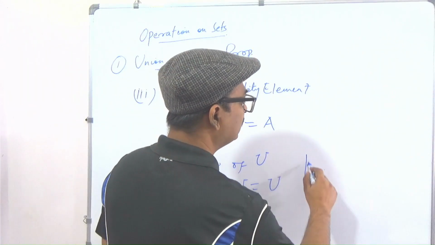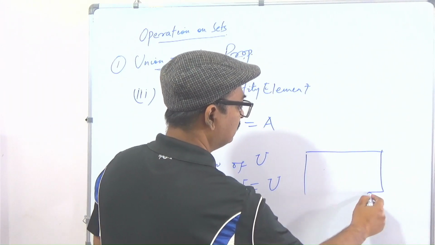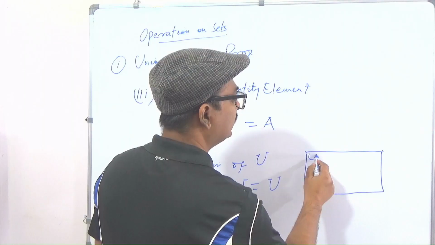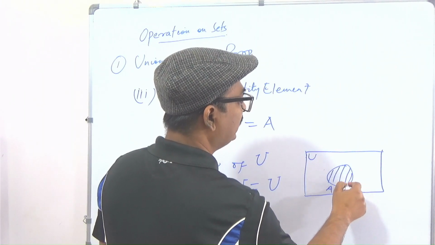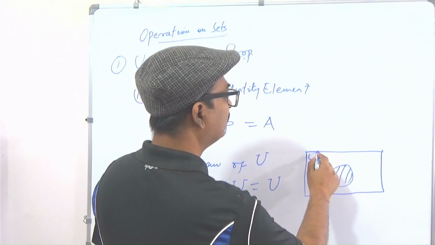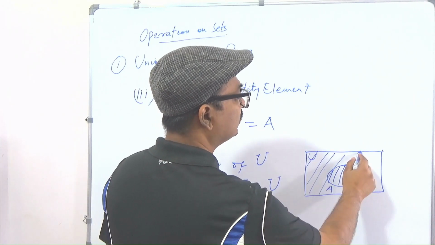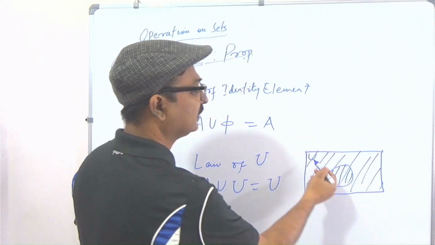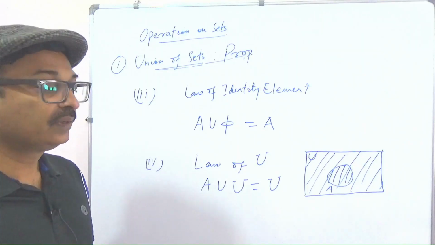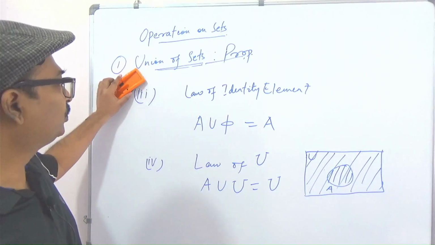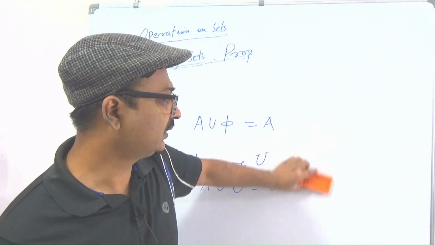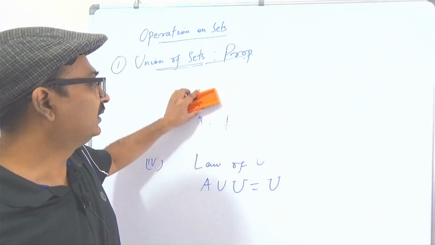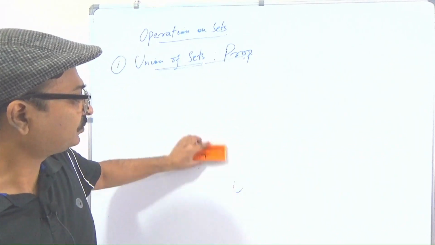Because let's say this is U and this is A. So if we have A union U, what will it be? This full set. And what is this set? This is U. So these are two very logical properties. Nothing serious about it. You can deduce it logically also.